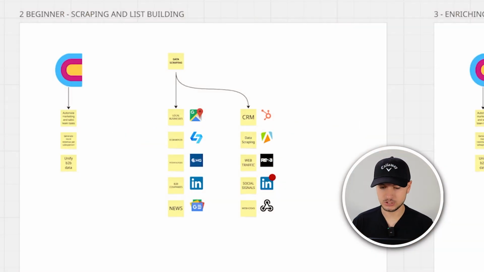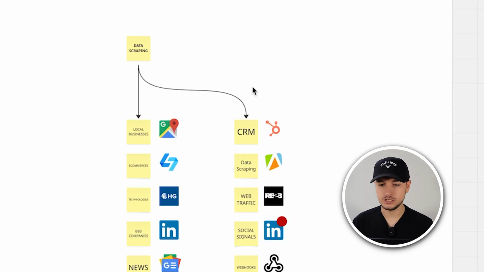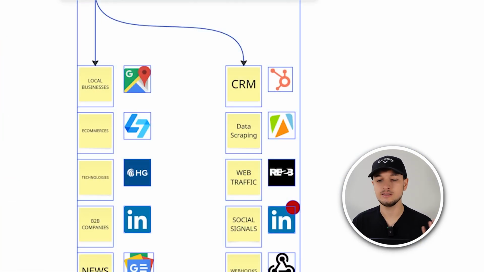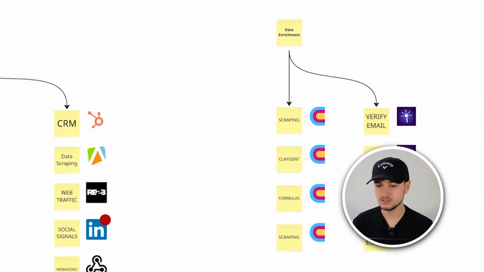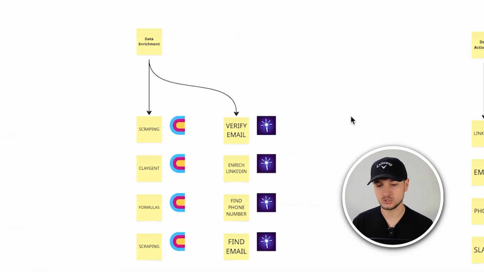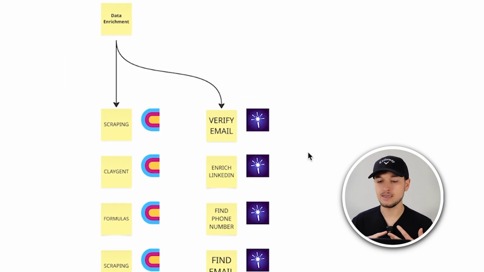Let's jump into it. I really think that to master Clay you can divide it into 3 parts to think in a clearer way. The first is data scraping, so how you get the data. From getting the data we will move to a more intermediate level where we understand how to manipulate that data: scraping, AI, automation, data manipulation, lead enrichment.